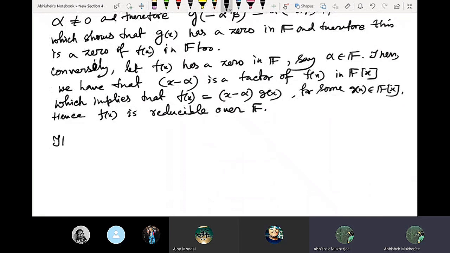Now the next theorem is in the ring of polynomials over the integral domain Z. So what is it?